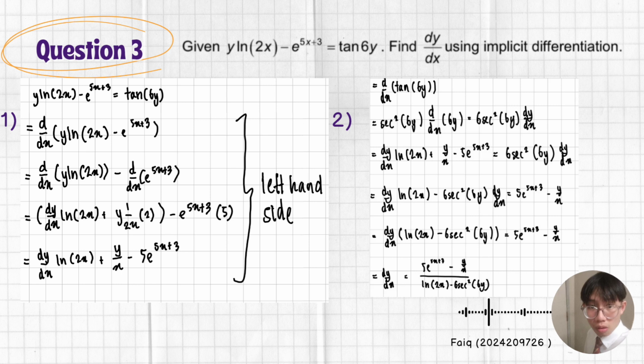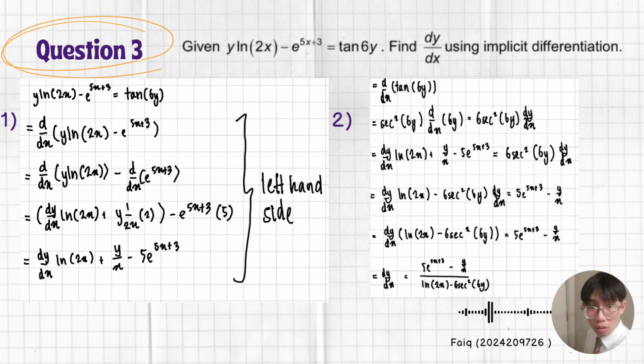So for the second picture, we need to differentiate the right hand side with respect to x. First, d/dx of tan 6y equals sec²(6y) times d/dx of 6y, which equals 6 sec²(6y) dy/dx.